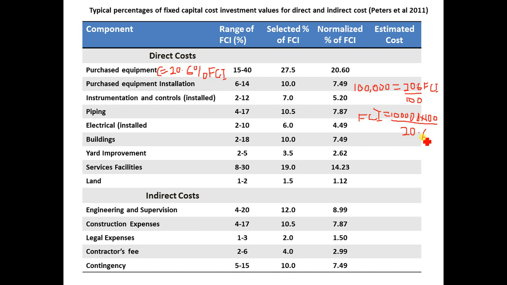Take your calculator and see what you're going to get. Are you there? 100,000 times 100 divided by 20.6.